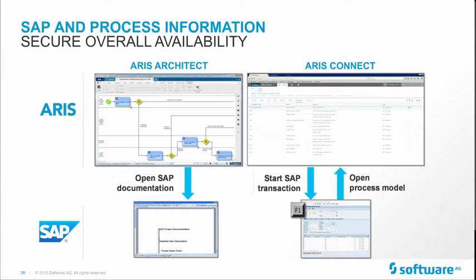Or if you want to create a customer, then you would get the possibility to jump directly into the dedicated CRM transaction, so that you can see how it looks. And combining all this information for the end users makes sure that they don't only know about the system, they don't only know about the process, but they are able to connect all this information together.